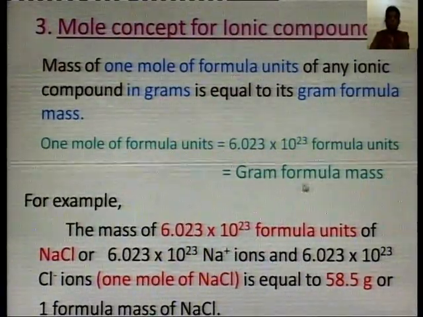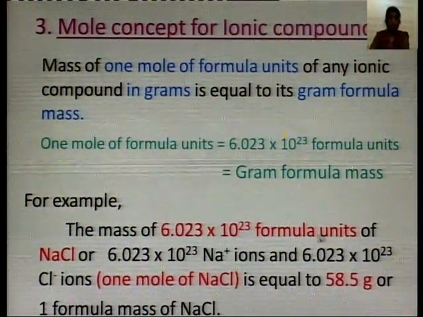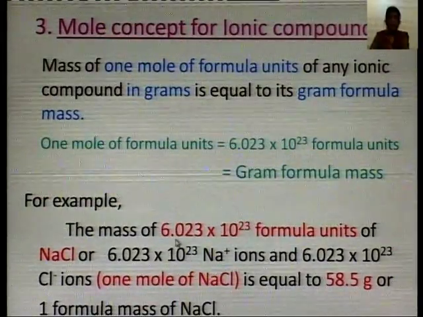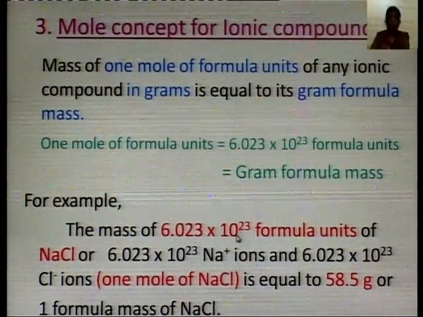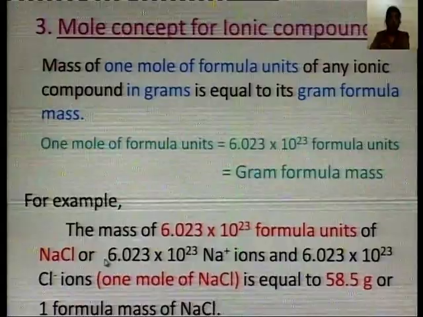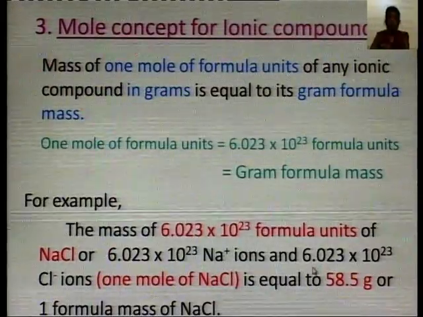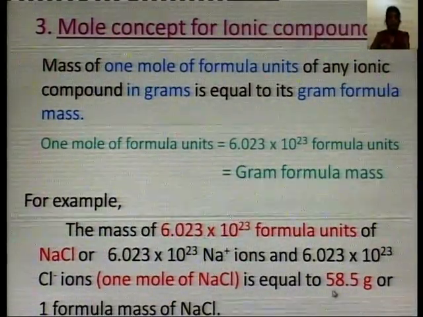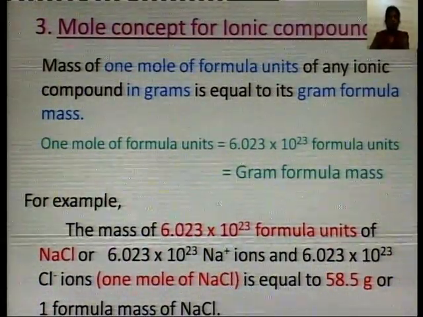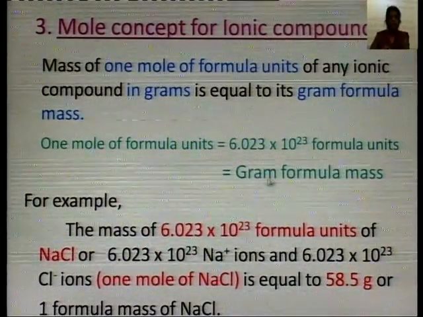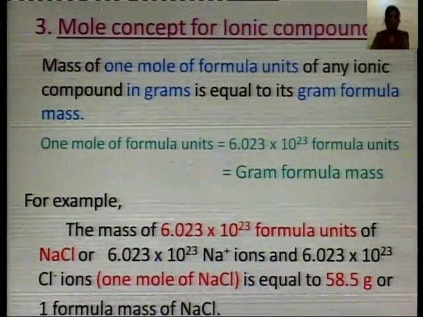This is equal to gram formula mass. So, 1 mole of NaCl formula units is 6.023 into 10 raised to power 23 formula units, or it contains this much number of sodium ions and this much number of chloride ions, and is equal to 58.5 gram. This is also termed as 1 formula mass of NaCl. Gram formula mass for an ionic compound is also called 1 formula mass.